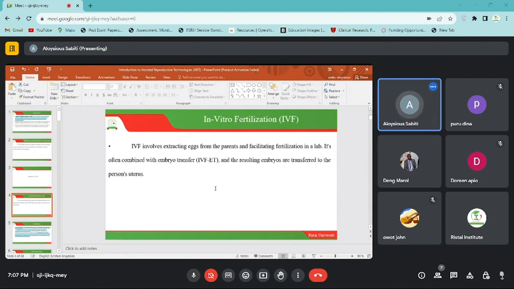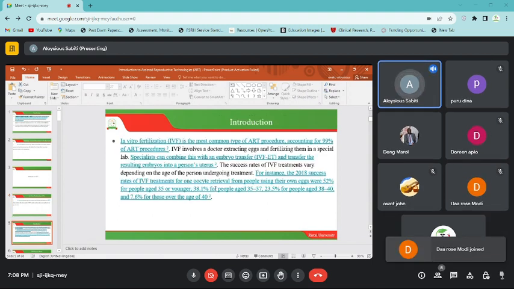Some we went through, like this IVF, and we said the majority of these particular methods are determined by age, but also some of the demographic factors. And that is why you can see here, for this example we gave for the IVF, that the 2018 success rates of IVF treatments for one on-site retrieval from people using their own eggs were 52% for people aged 35 or younger.